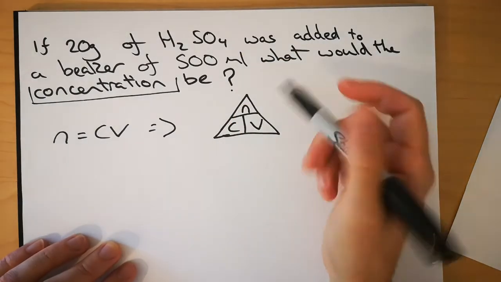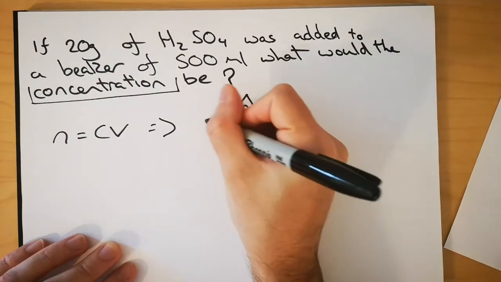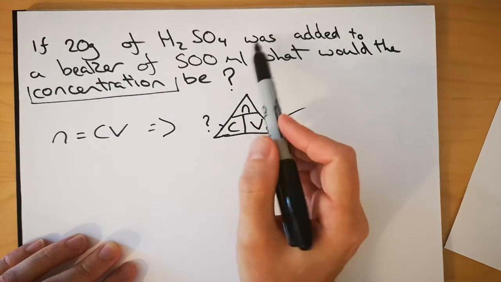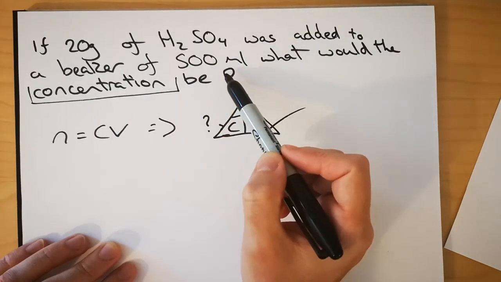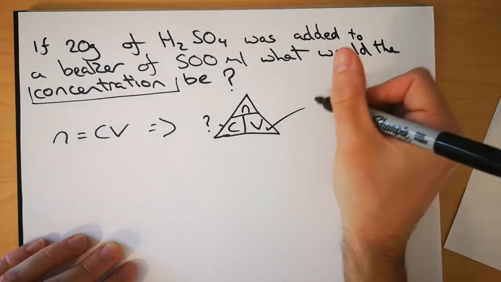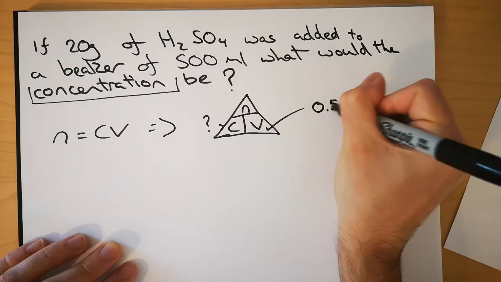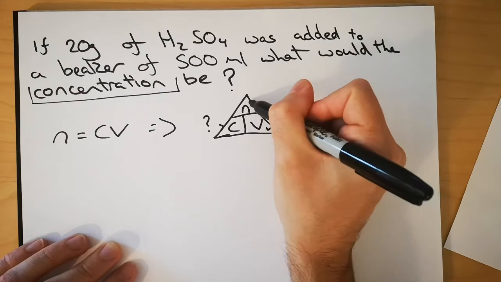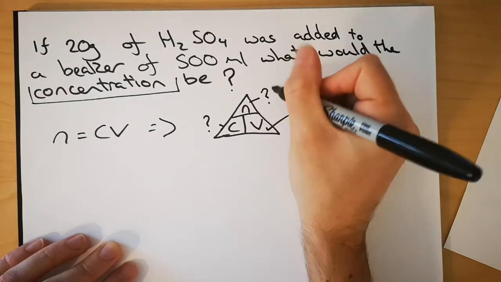Now, I'm being asked for the concentration, so that's my question. I've been given the volume. It's in milliliters. I will have to convert that to liters, so that's going to be 0.5 liters. Now, I've not directly got the moles, so I need to work that one out.